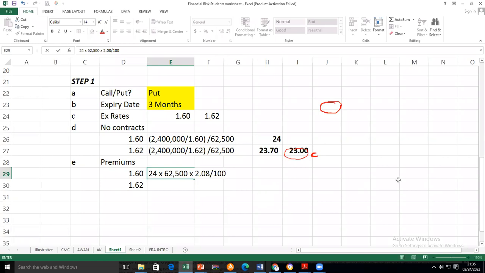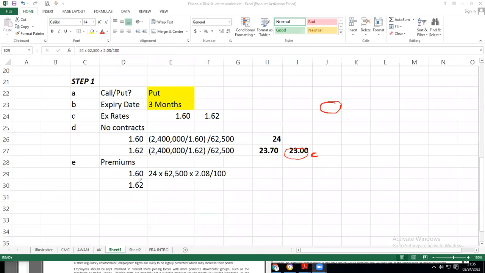When you multiply, understand the math here very well. You've got 24 contracts. You have advised go for 24 contracts. Each one of the contracts is carrying this number of pounds. So when you multiply here, you find the total number of pounds.